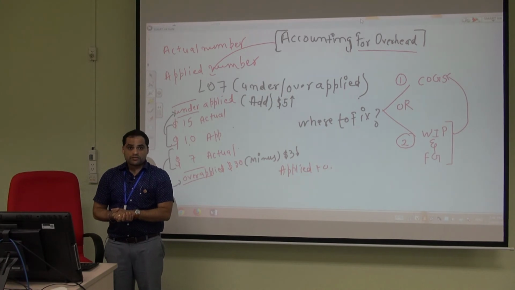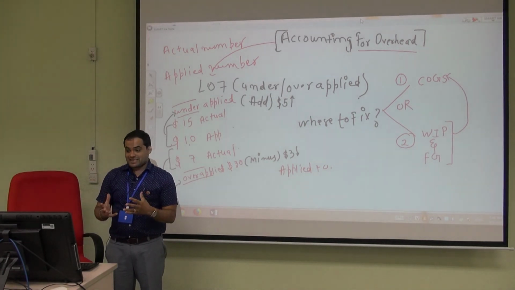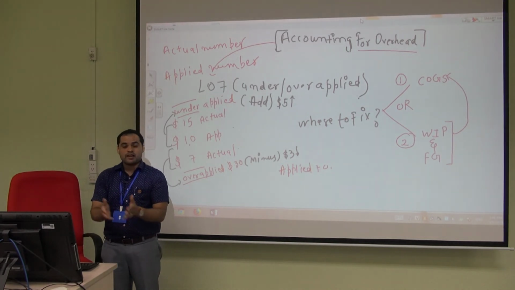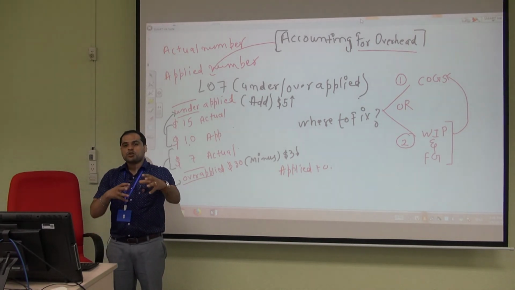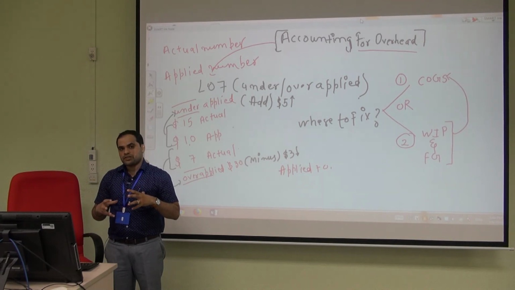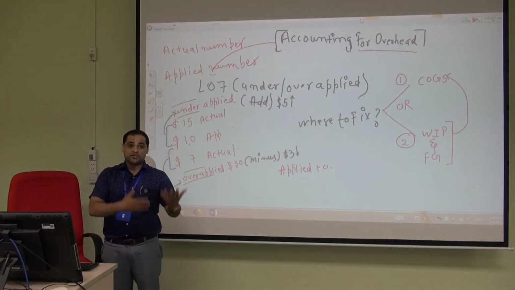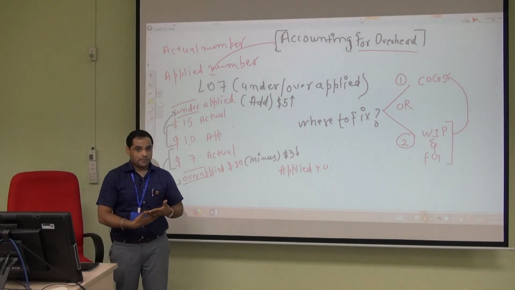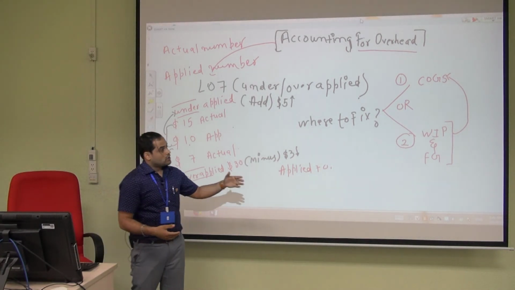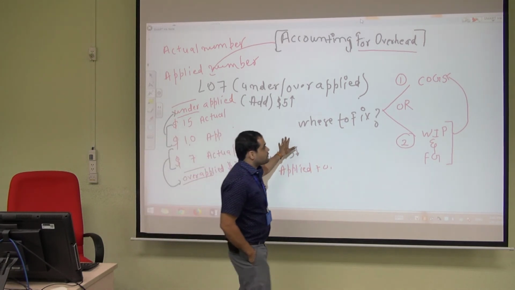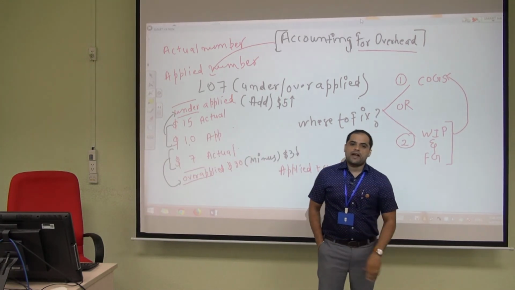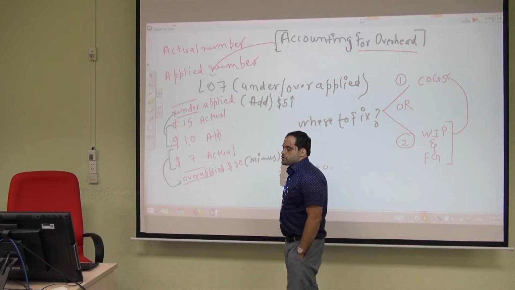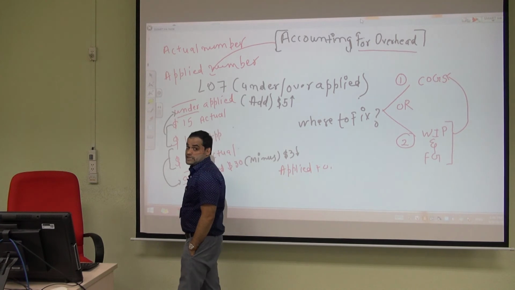Of course, you will calculate your applied overhead using traditional and activity based costing, and then compare with the actual number, and tell me whether it is over applied or under applied. Then you have to tell me what the accounting treatment is for the over or under applied overhead. So that's all about learning outcome 7.